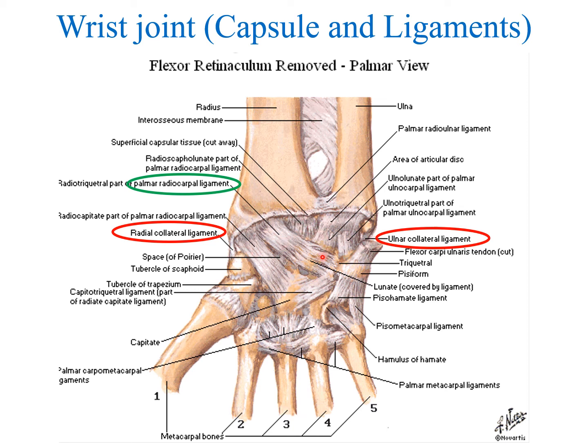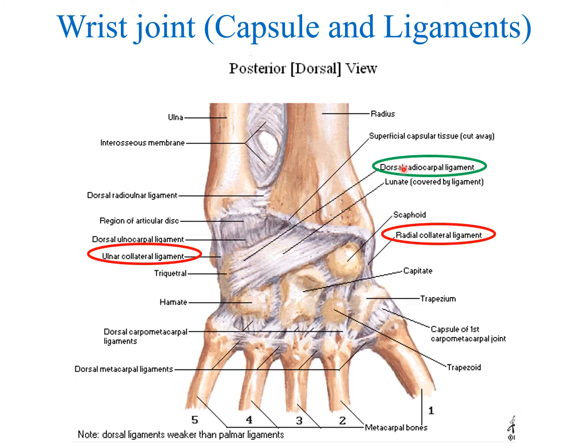So this whole is the radiocarpal ligament, but different parts are named according to the bones which are connected together. Here in the posterior view you can see the dorsal radiocarpal ligament on the dorsal side, and you can also appreciate the radial collateral as well as the ulnar collateral ligaments.